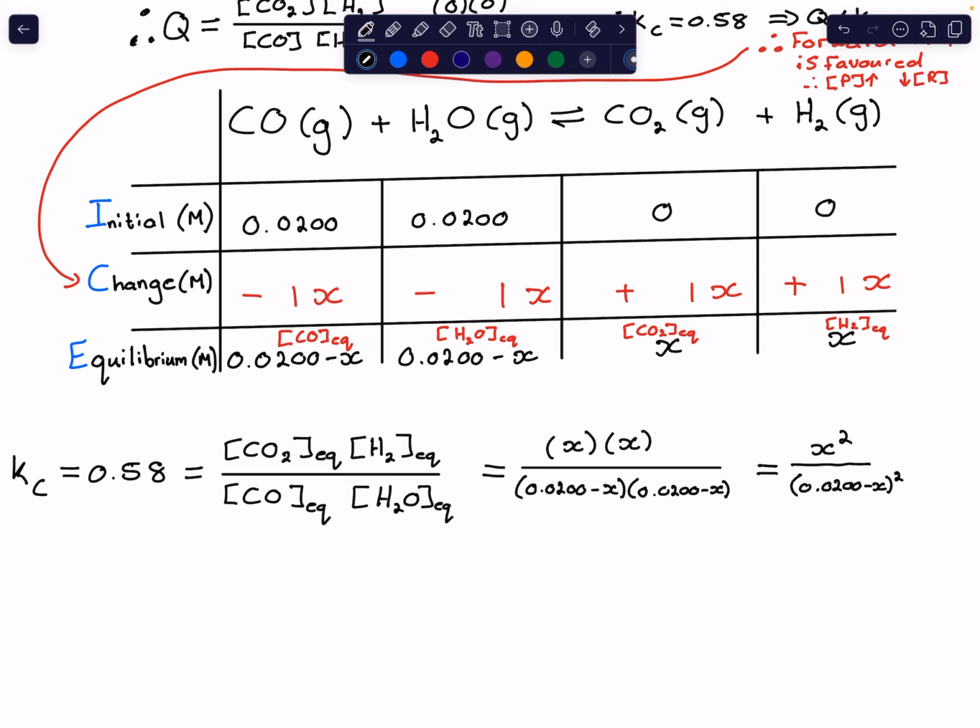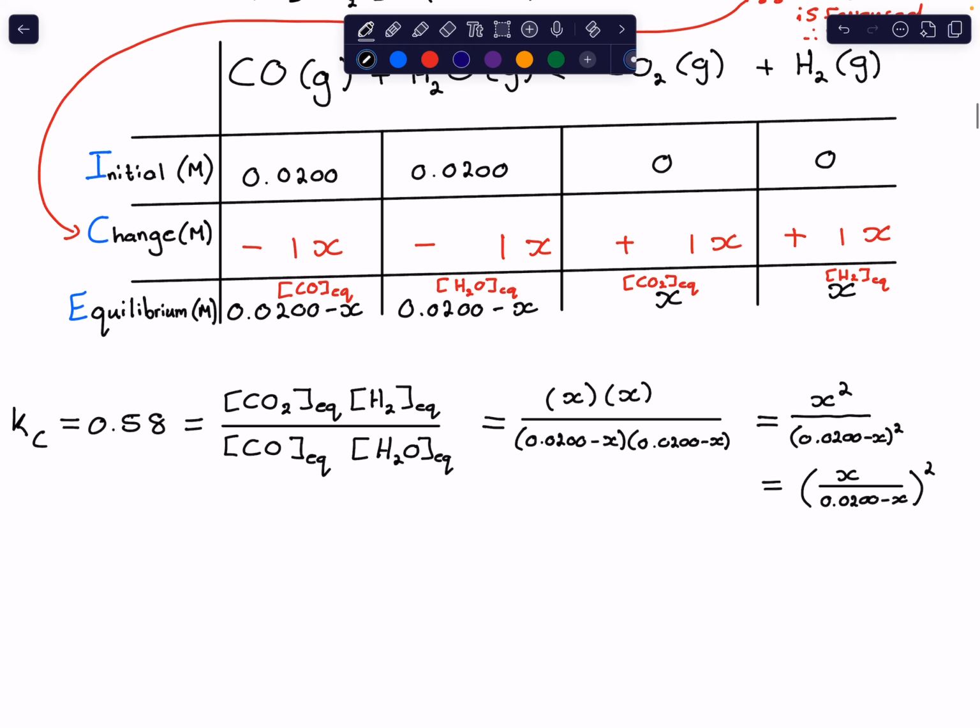And because both things are squared, the numerator and the denominator, we can write it as x divided by 0.0200 minus x, all squared. This in general is something you can look out for when doing these types of calculations, because it simplifies your calculations a lot. You can of course multiply this out if you wanted to, but look for anything that you can simplify to make your life a lot easier.